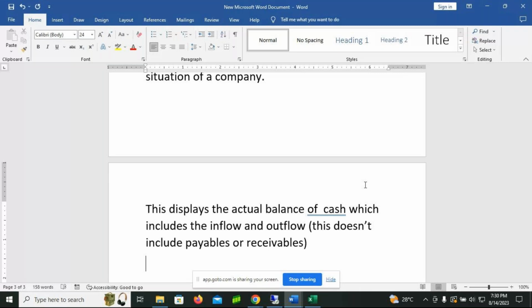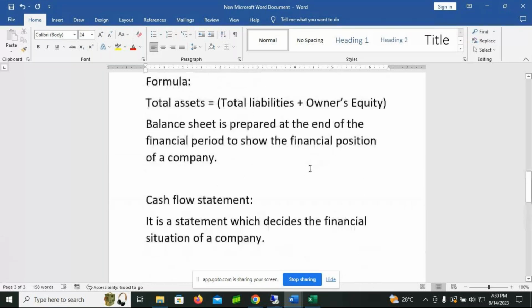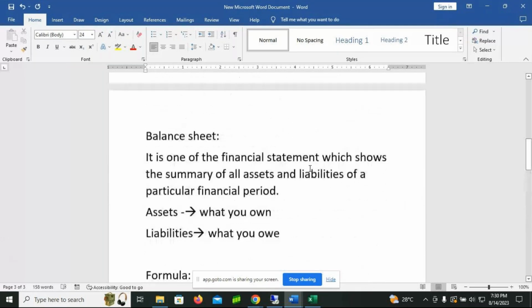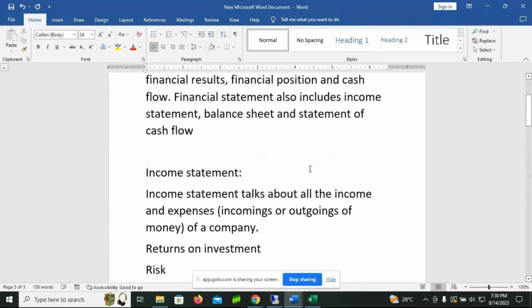So in brief I have just explained what the financial statements are, which include the income statement, balance sheet and cash flow statement. You can go through the notes I have provided, so that it will be easy for you, the non-accounting students.